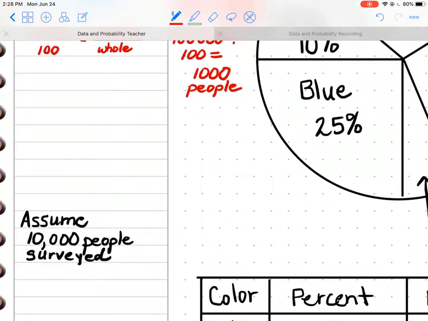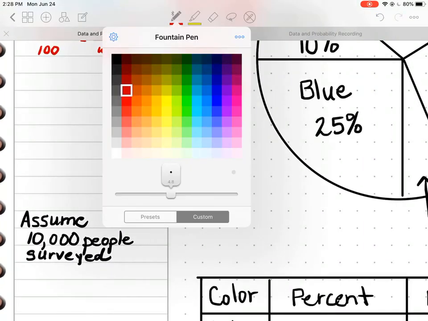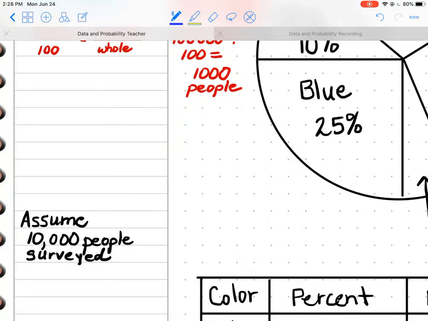Okay, so let's do the percent for blue. Set up your proportion. 100 is the whole pie. 25% like blue cars out of 10,000 that we asked. So here is the peanut.